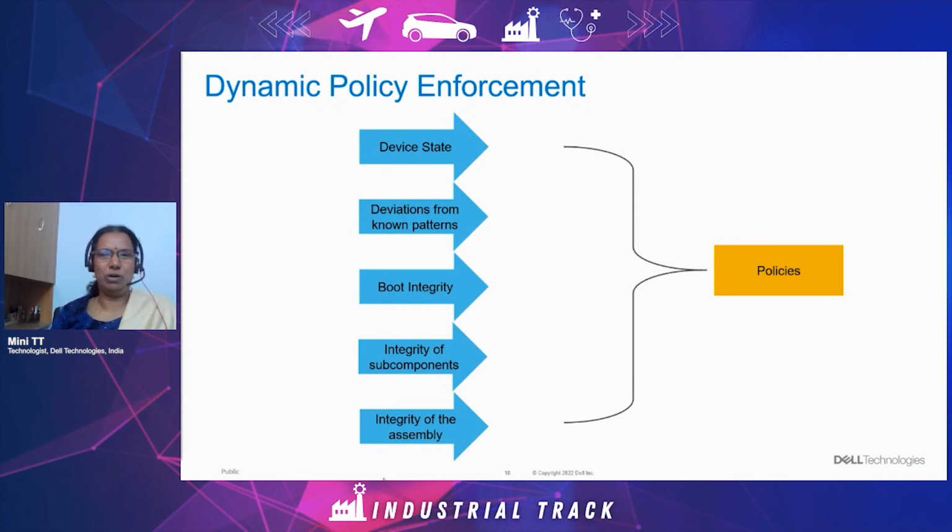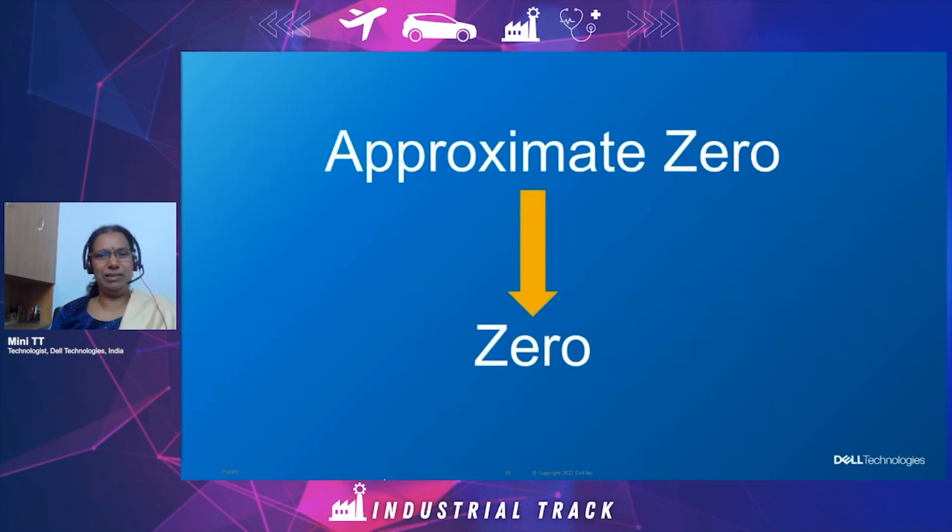So till now, what we talked about was how to apply those principles of zero trust to embedded systems. But even with the secure compute enclaves, we are still only reducing the attack surface by granularity, making it smaller and smaller. But is that sufficient?